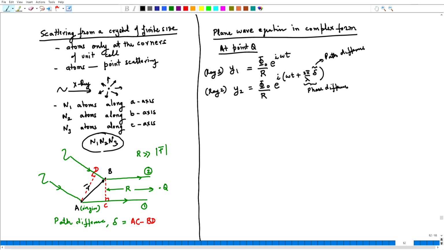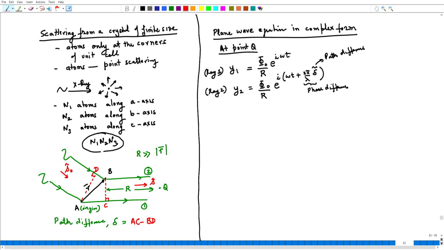Now, we have to find delta. So, in order to find this, let me add a few more things to this diagram. Let us say the incoming radiation, its direction can be defined by a unit vector, let me call it S naught cap, and the scattered beam direction can be defined by another unit vector, simply S cap.